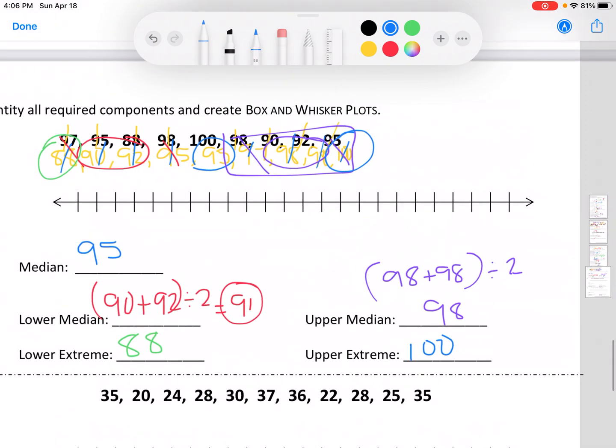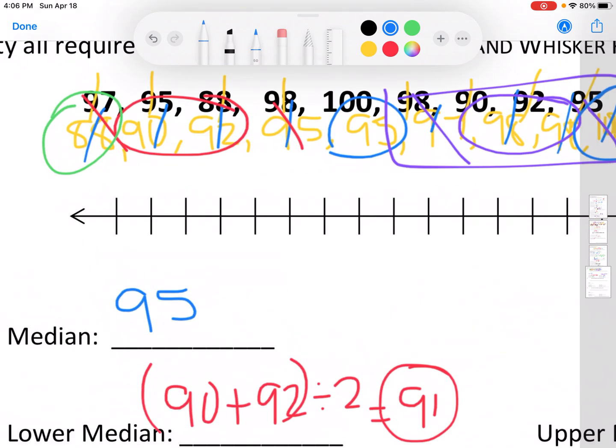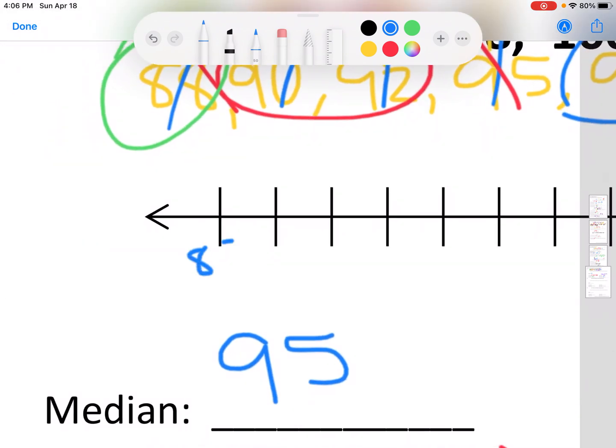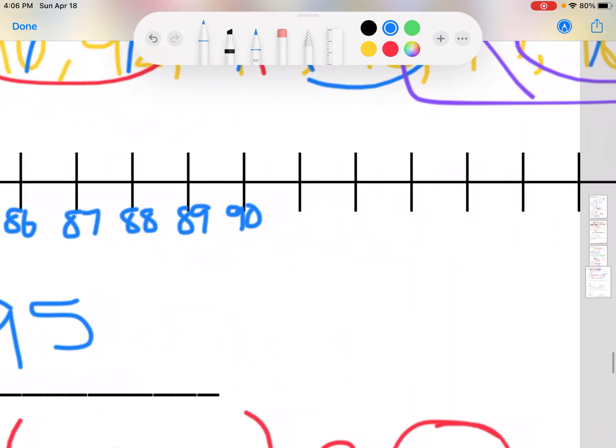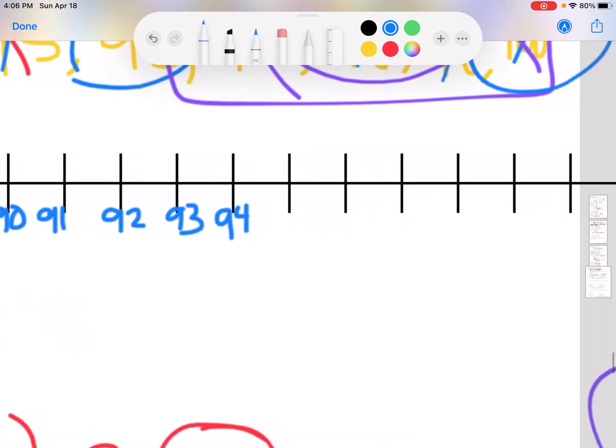Then I'm going to plot them on my number line. So I'm going to start at 85. I'm not using my data to write my number line, I'm just making a number line in order from least to greatest.